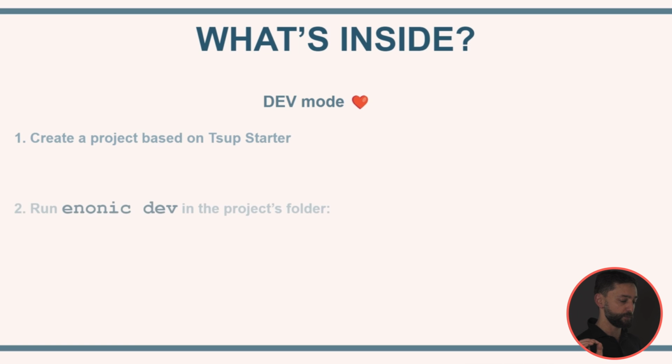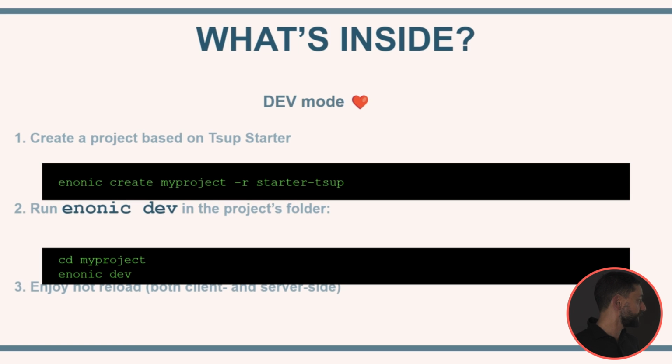So you start with creating a project based on the starter. Then if you are using CLI, you go to the new project's folder and you just do Enonic dev. And this is a new command that we released in the previous version of CLI, which will do two things.